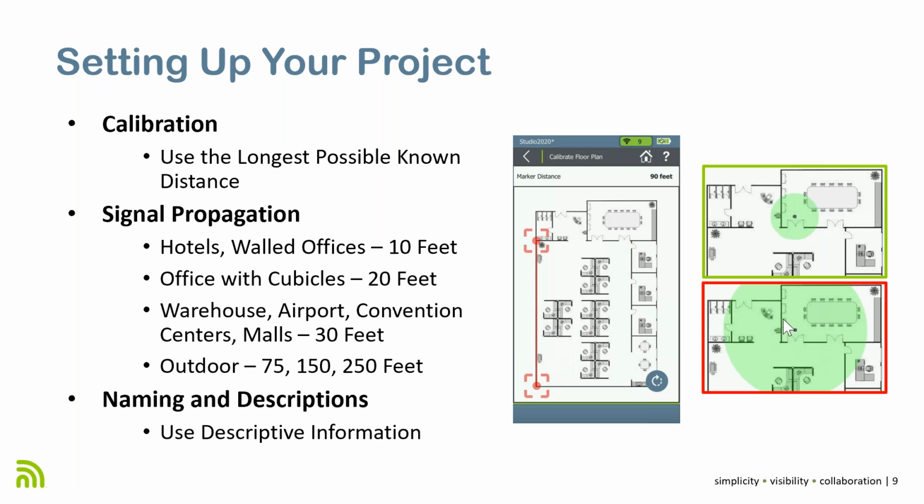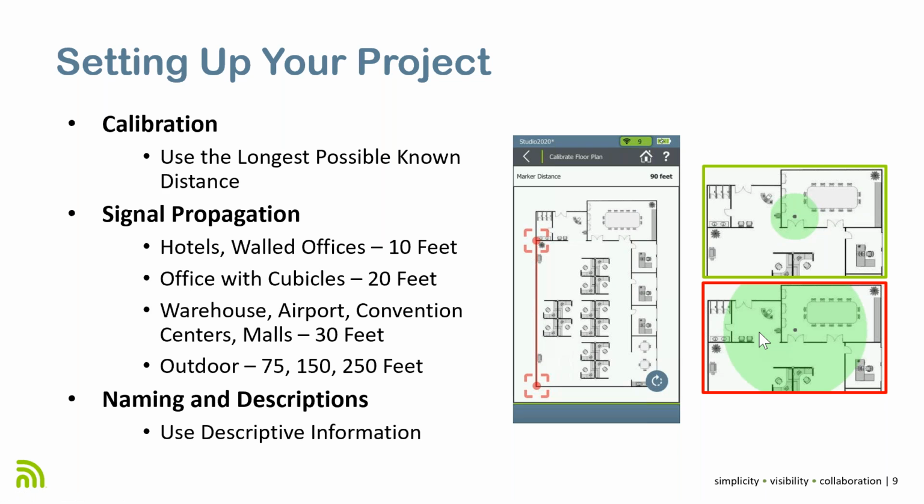But that will be bad data. If you measure your signal strength, for example, here, that signal strength may be the same until it gets to this wall. But after it gets past this wall, it will most surely be lower. So by using a big signal propagation, you're causing the AirMapper tool to give you inaccurate information.